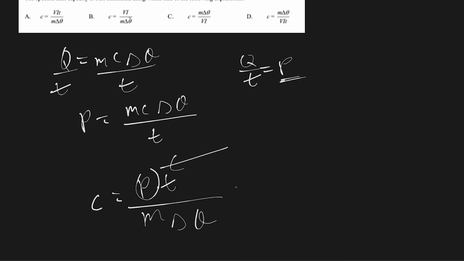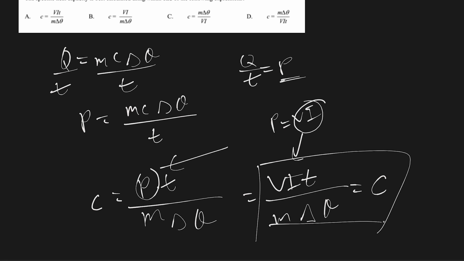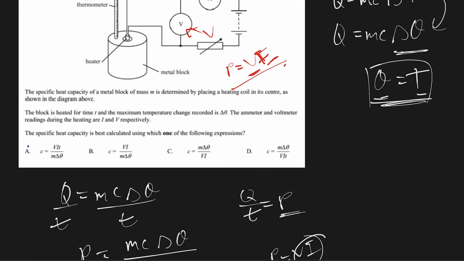So P is equal to VI. Substitute that in, we get VIt all over mΔθ is equal to c, which is the specific heat capacity. This is our answer. So obviously the answer is going to be A.